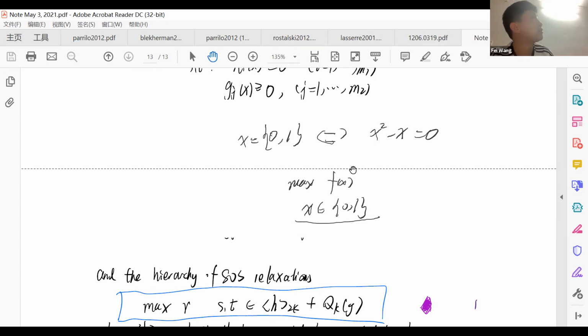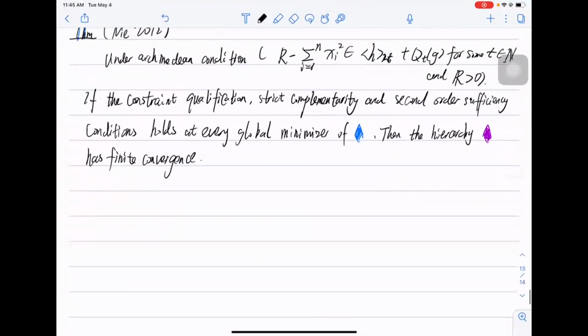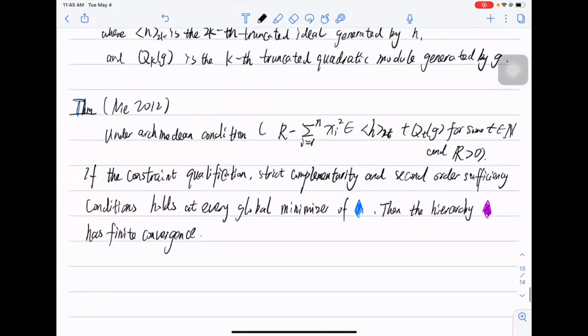I think Lucia has a paper on the bound of the sum of squares for the integer programming problem.